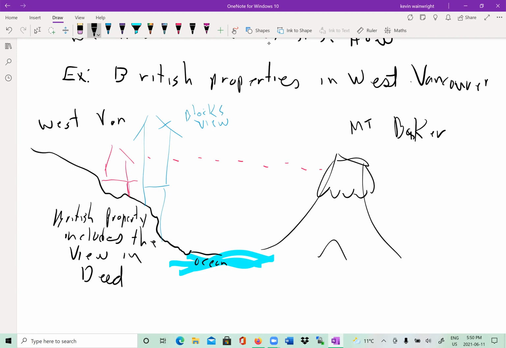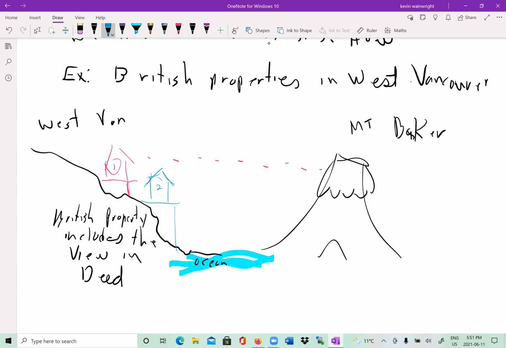That means that the person in house number 1, who was there first and built their house, who finds that they're being blocked by house number 2, can call the city, and the city will tell house number 2 that you cannot build higher than the first house's view, so that you do not block the view.